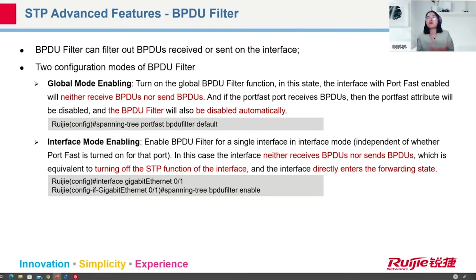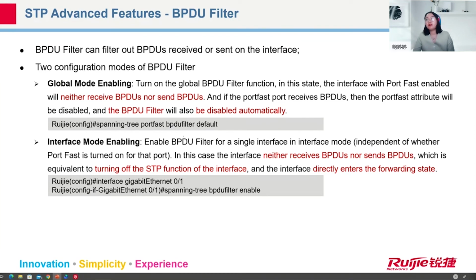This is a special interface of the switch with STP enabled. In the global mode, turn on this feature. The portfast-enabled port will never receive and send out BPDUs. If the portfast port receives a BPDU, then this attribute will be discarded, and the BPDU filter will also be disabled automatically.